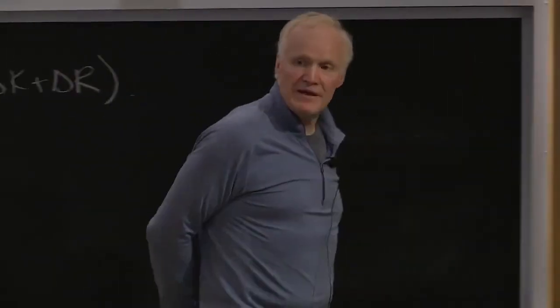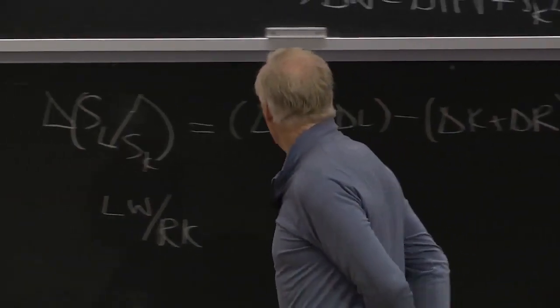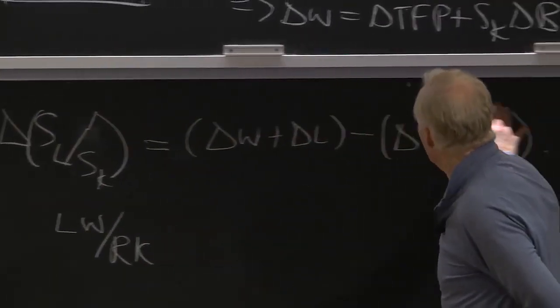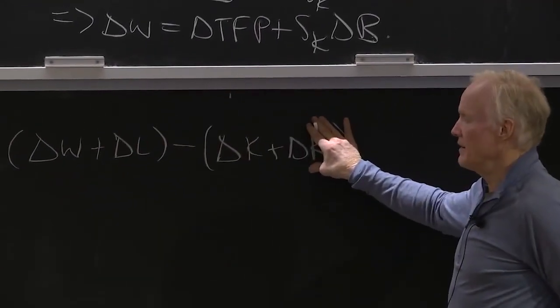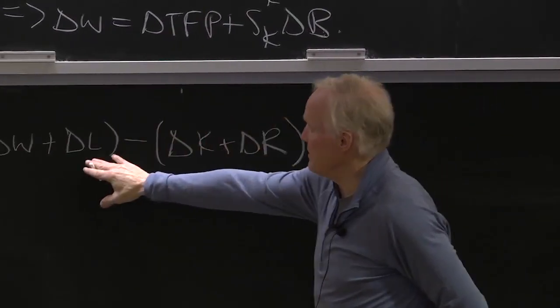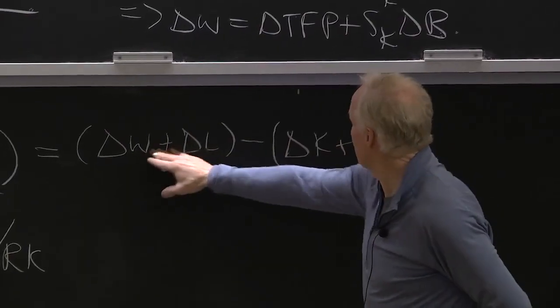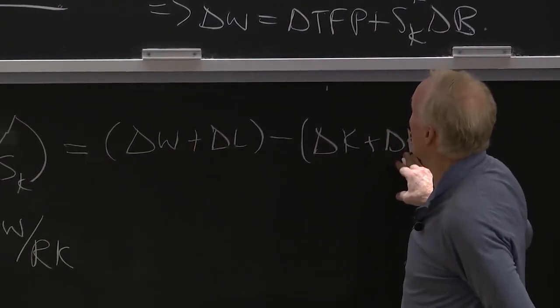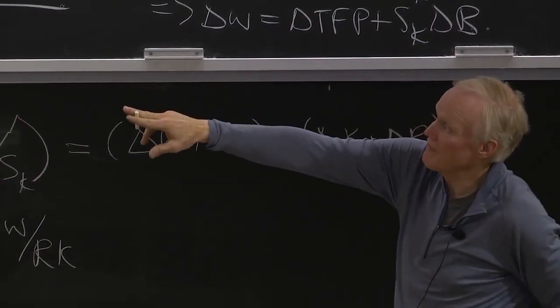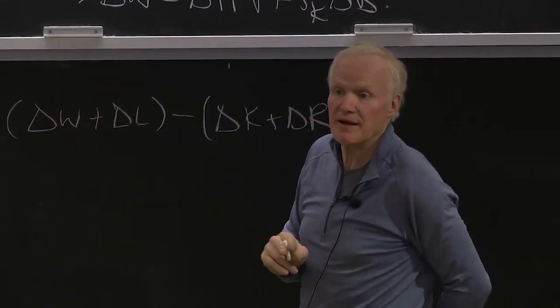So what would that be in the short run? In the short run, if these two are 0, then it would be delta L 0. It would be just delta W minus delta R, which according to that formula there would be exactly delta B. Right?